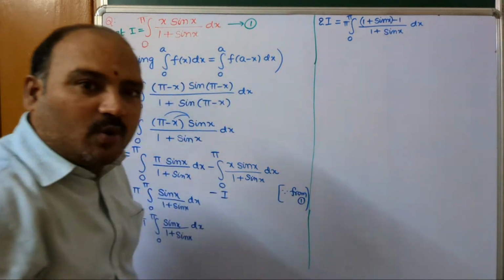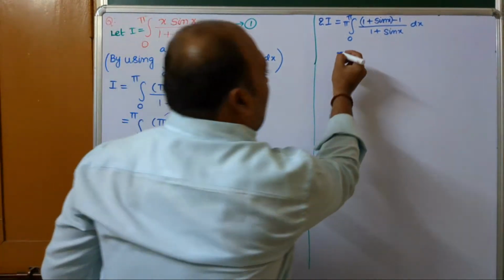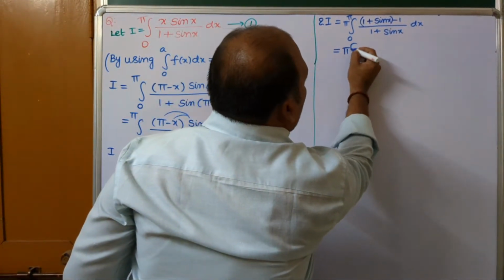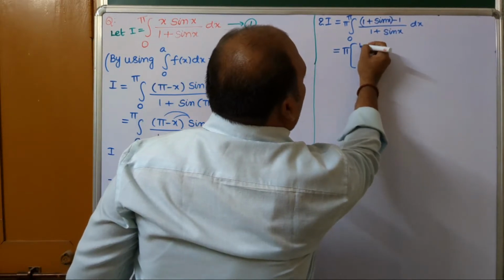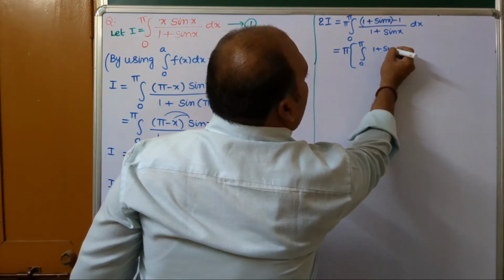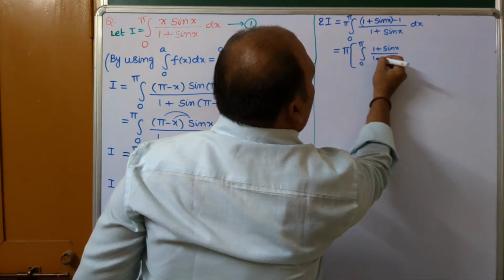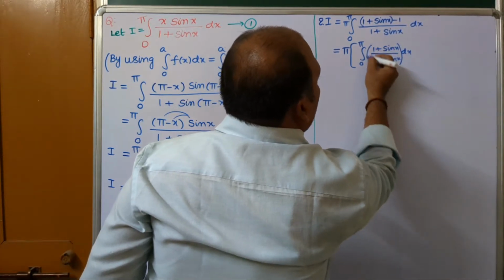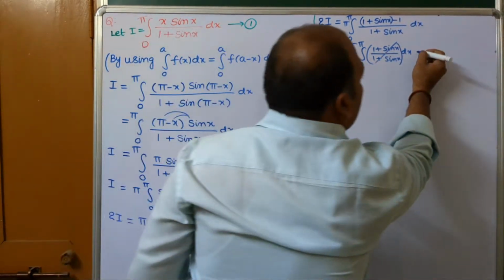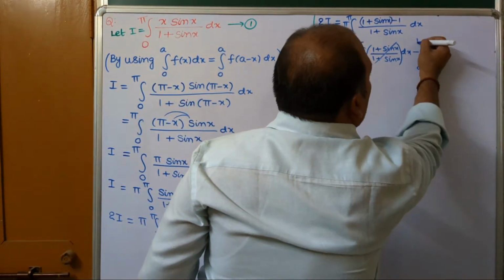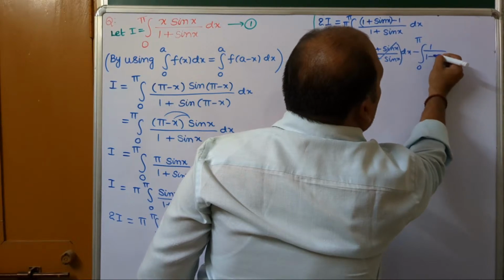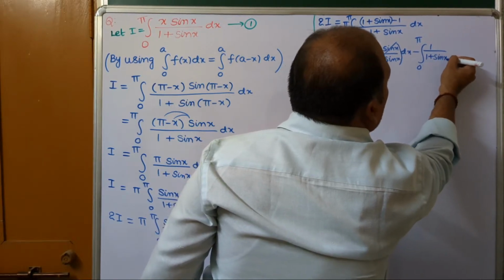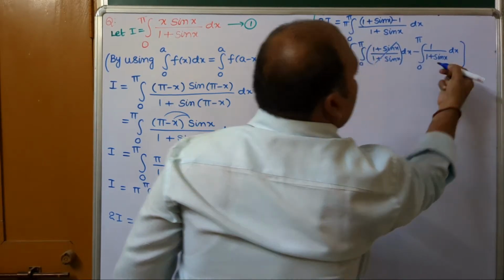After that what we have to do? We can split into two integrals. Pi into the bracket, integral 0 to pi of (1 plus sin x) divided by (1 plus sin x) into dx, minus integral 0 to pi of 1 by 1 plus sin x dx.